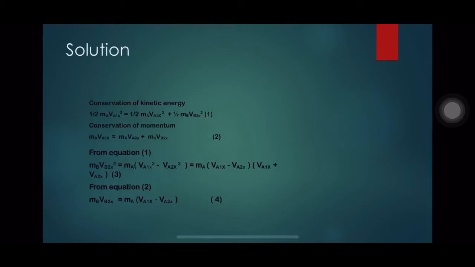MB multiplied by VB2x equal to MA factor VA1x minus VA2x, which is equation 4. As we get equations 3 and 4, we divide equation 3 by equation 4, and then we get equation 5, which is VB2x equal to VA1x plus VA2x. As we get equation 5, we plug it into equation 4.